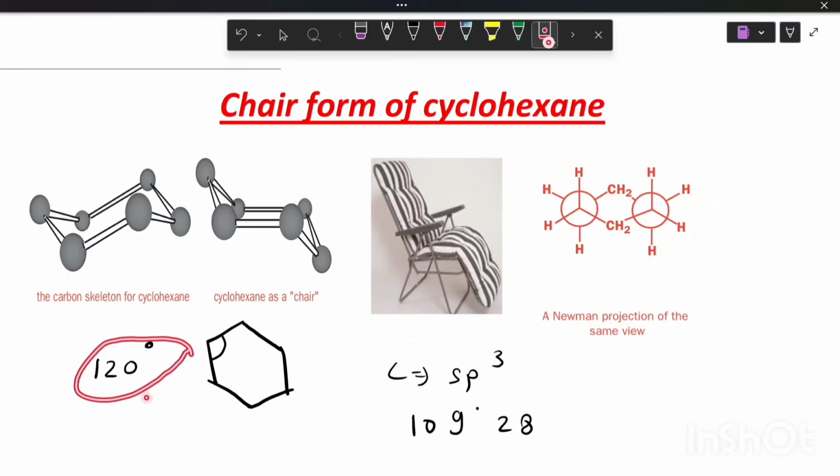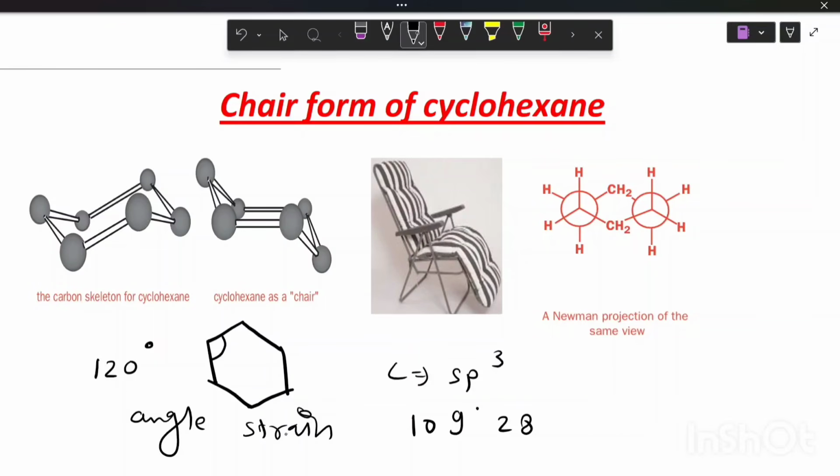So there is a huge difference in this bond angle, and due to this there is angle strain in this ring form. What is the angle strain? Okay, so this is one of the reasons that it doesn't exist in this way.